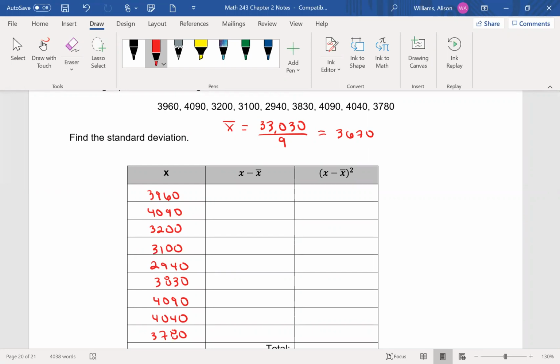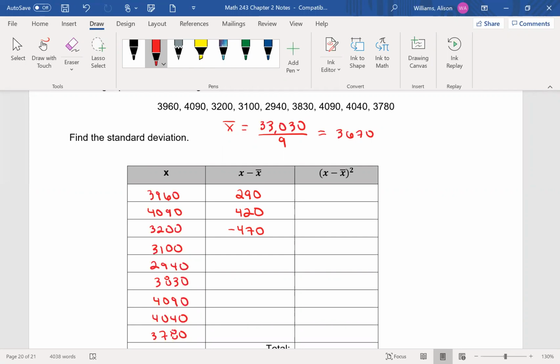I'm going to take each data value and subtract 3,670. So for the first data value, when I do 3960 subtracting 3,670, that's going to give me 290. And then I'm going to get 420 when I do 4,090 subtracting the mean. Here I'm going to get negative 470, so my first negative value, because it's smaller than the mean.